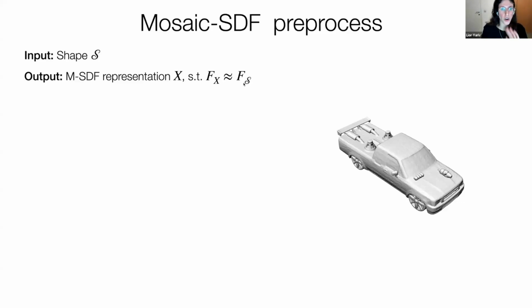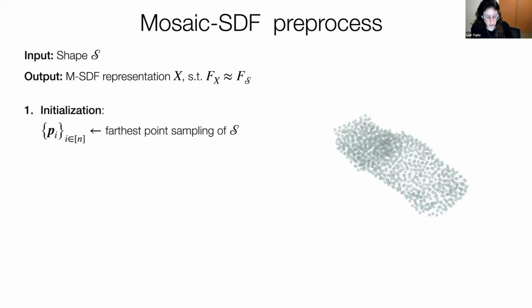This is our goal for the pre-process. How can we make the M-SDF representation given this shape? We have two stages for the pre-process. The first one is initialization.